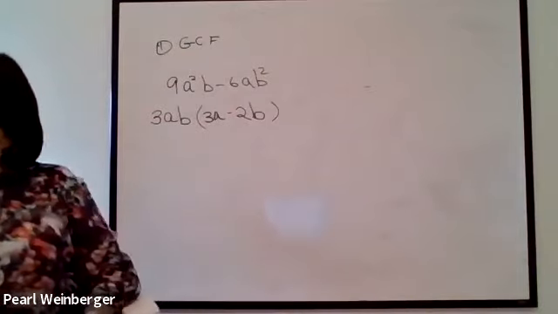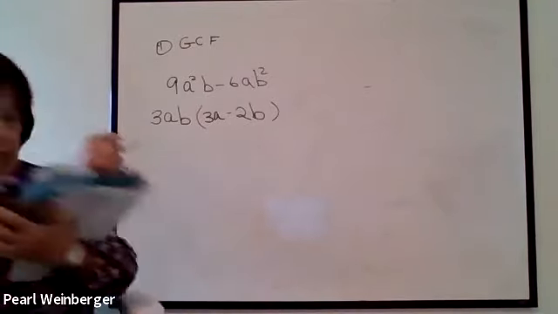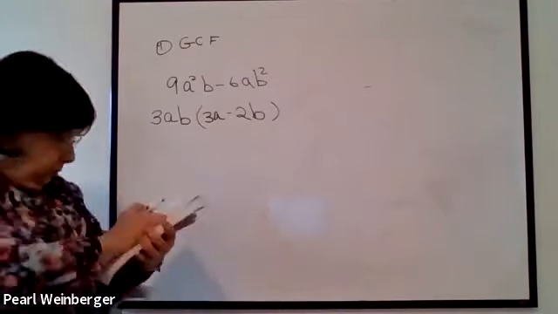Okay, I'm going to give you one to try now. See if you can do this one. 6x fourth y squared minus 18x cubed y cubed plus 3x cubed y squared.